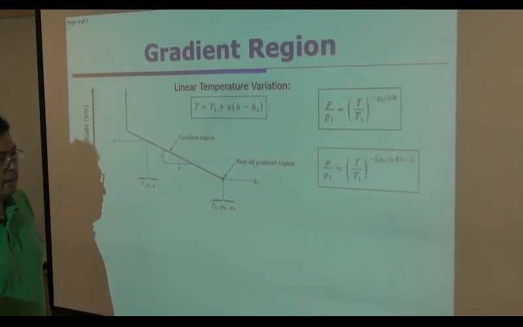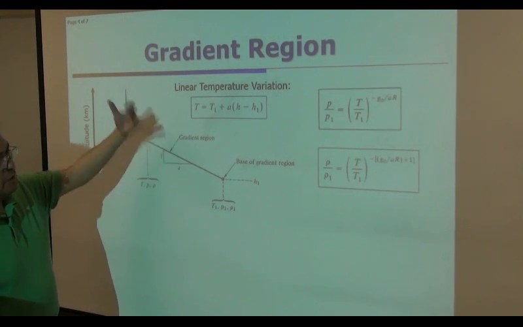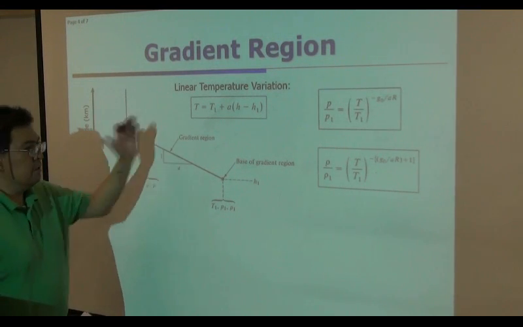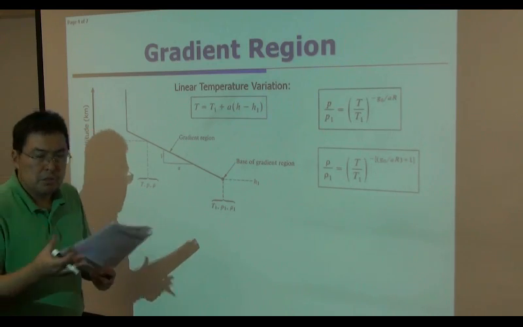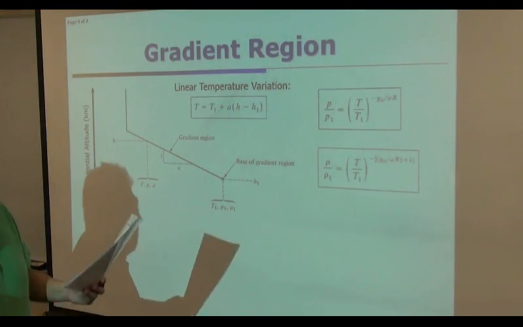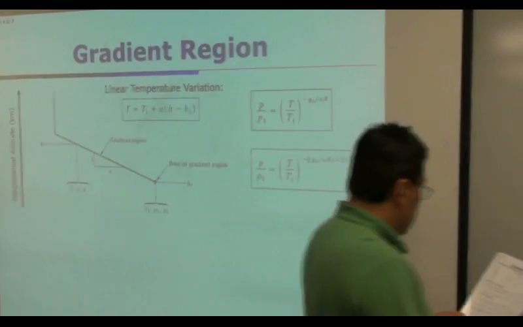That's called lapse rate. It is how much temperature increase or decrease happens as you increase your altitude within the linearly changing temperature region called gradient region. So let's define this.